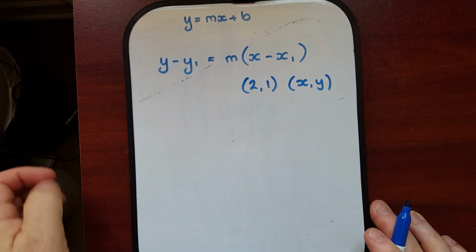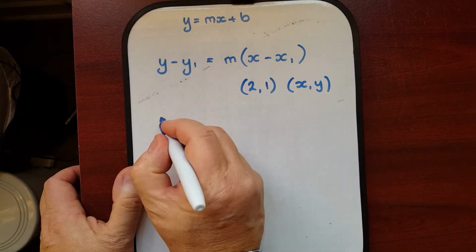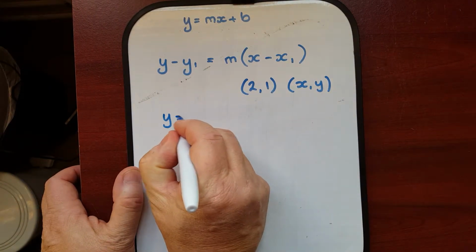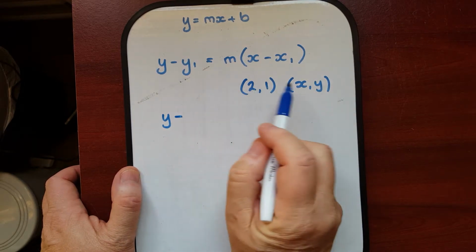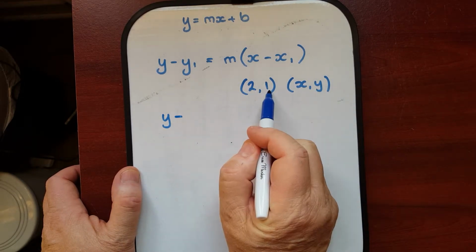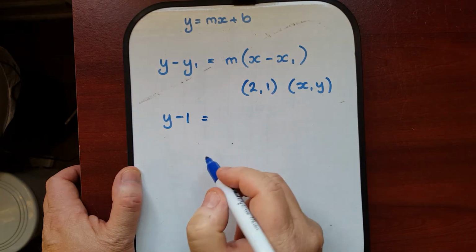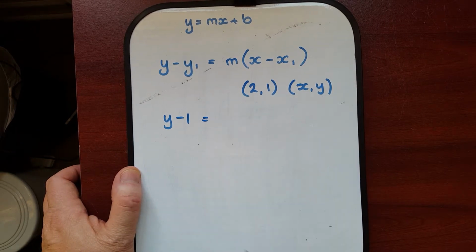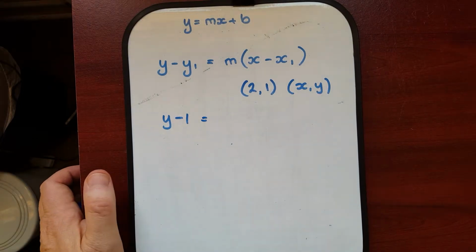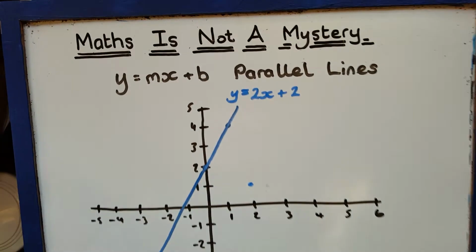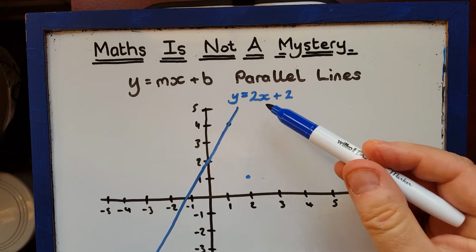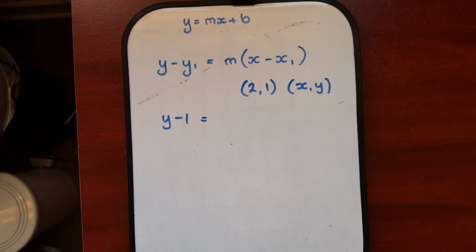So what we're going to do is we're just going to follow this basic formula. y minus, now y sub 1, the new y is this, isn't it? 1, equals, now what was the m value? The m value on here was 2, wasn't it? 2x. That's the m value.